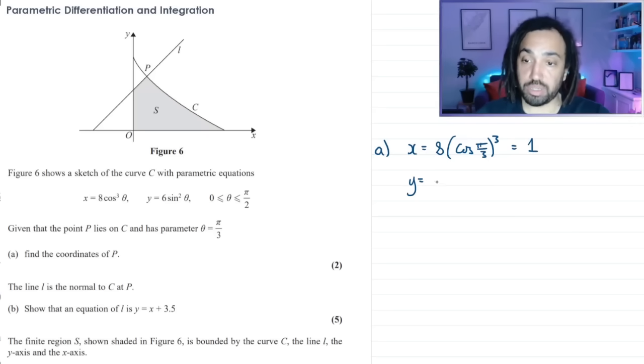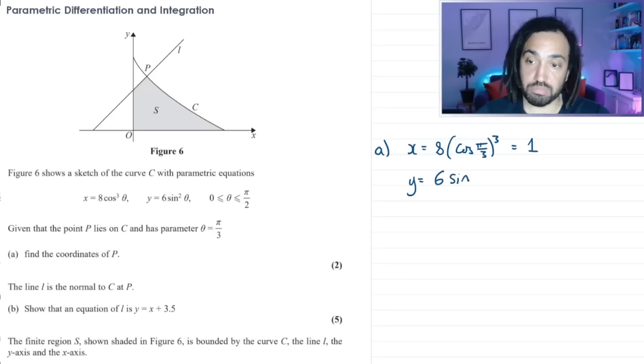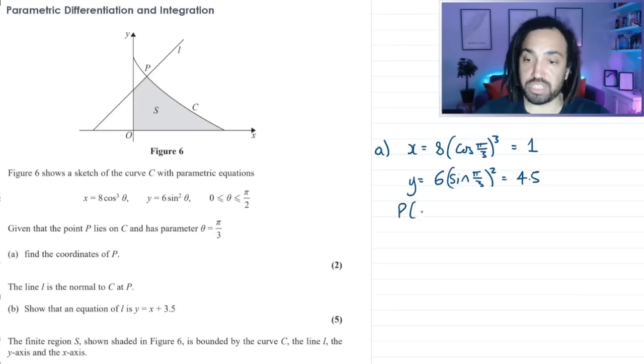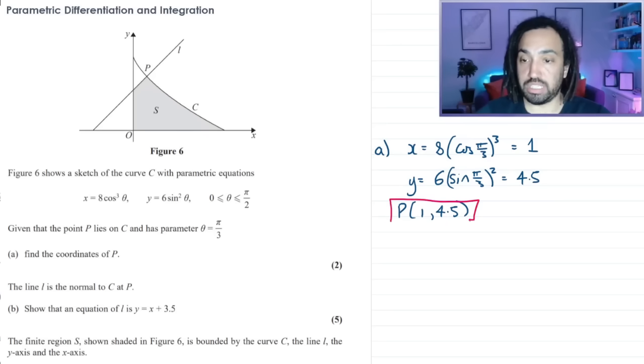And then y, we're going to do 6 lots of sine pi over 3 squared. And once again, just into your calculator gives you 4.5. So we can say that p is at 1, 4.5 for 2 nice easy marks.